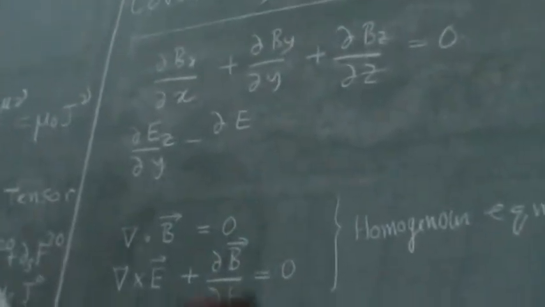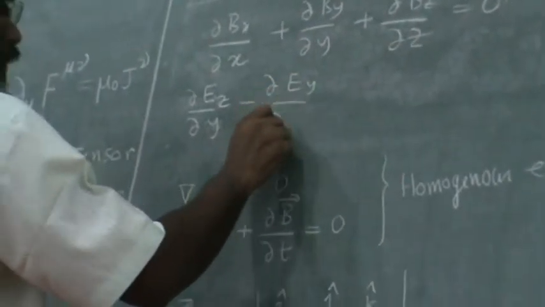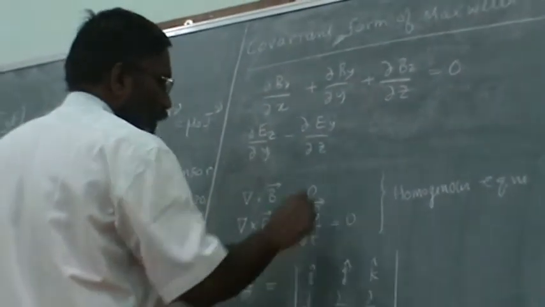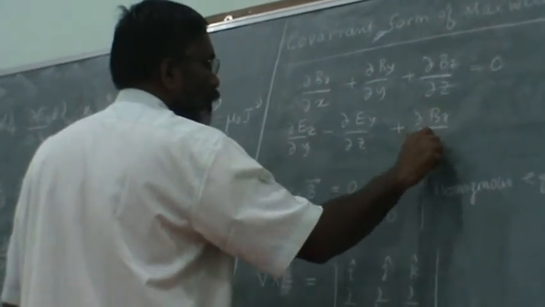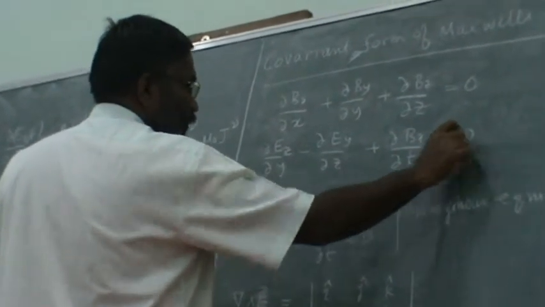So this one minus ∂Dy/∂z plus ∂Dz/∂y is equal to 0.